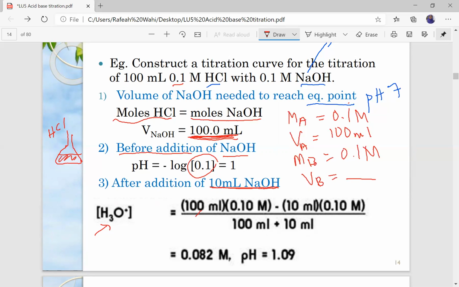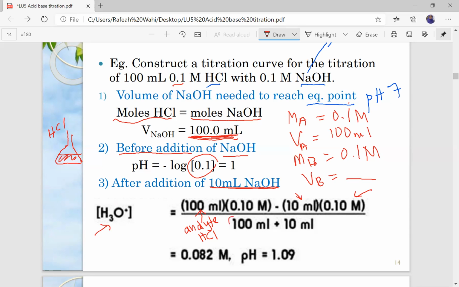This is the volume of your titrant. This is the volume of your analyte. Remember what your analyte is? It is the HCl. So 100 ml is the volume of your analyte, and 0.1 molar is the molarity of your analyte, the HCl. 10 ml is the volume of NaOH added, and 0.1 molar is the concentration of NaOH.